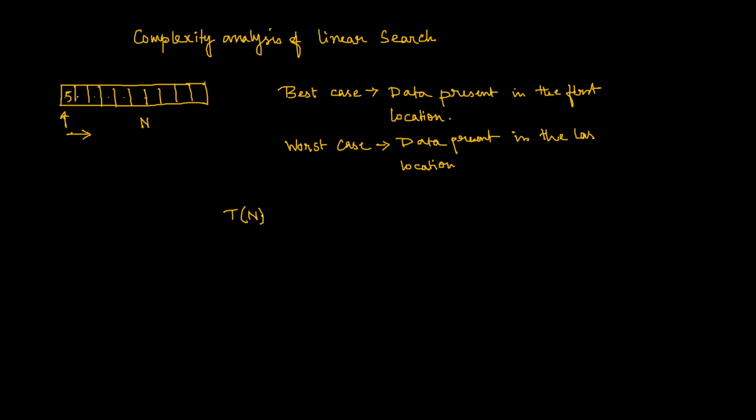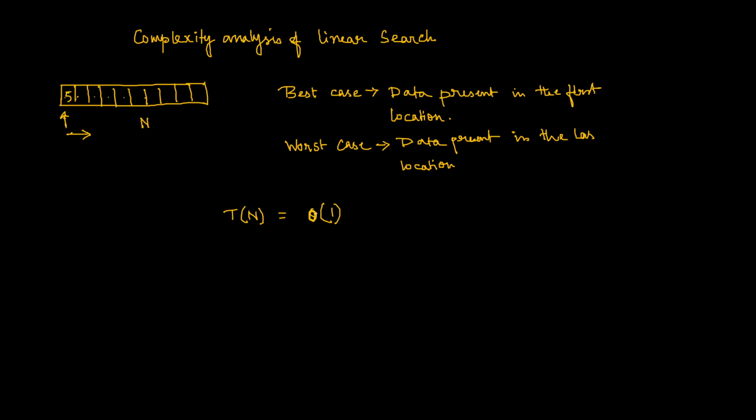Now in case of best case, whatever the value of n doesn't matter, since the data is present at the first location, in the first attempt I will get the data. This means I have a constant amount of time by which I can get the data in the best case. So we express that as big O of 1.